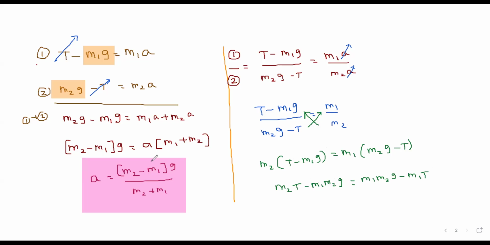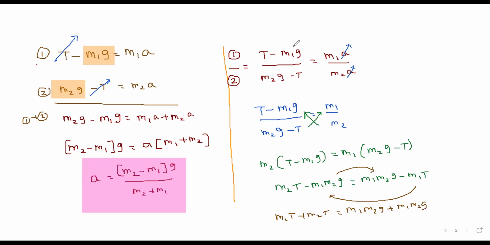Now you rearrange them. Bring M1T this side, bring this that side. We get M1T plus M2T is equal to M1M2G plus M1M2G.